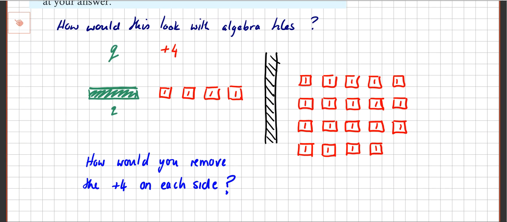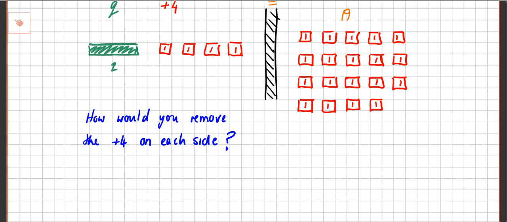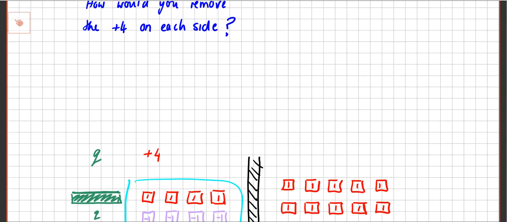Now, just in case you want to use the algebra tiles, I've also shown you, look, how would it look with the algebra tiles? So we have the q, the plus 4, on this side is the 19, yeah, the equal sign here. How would you remove the plus 4? Well, again, I have shown it, so these are in the notes.